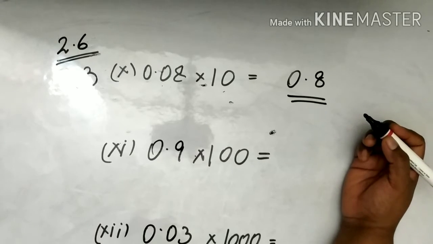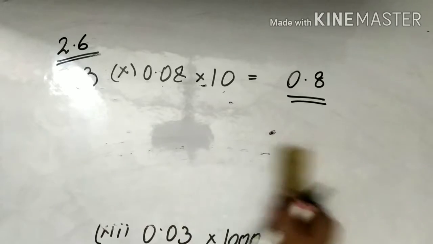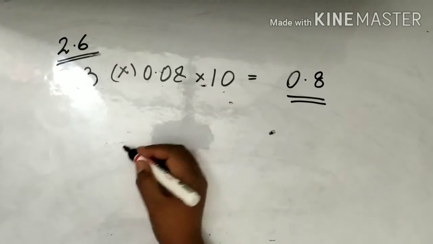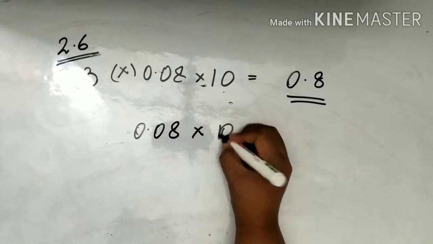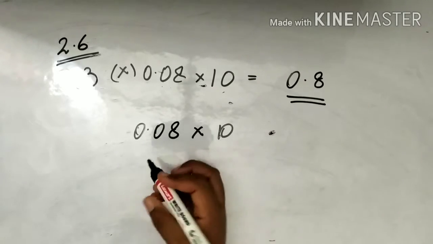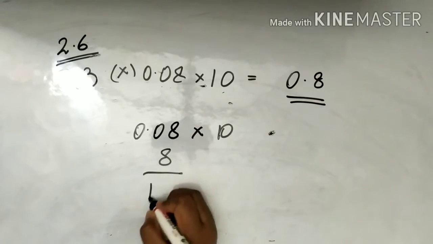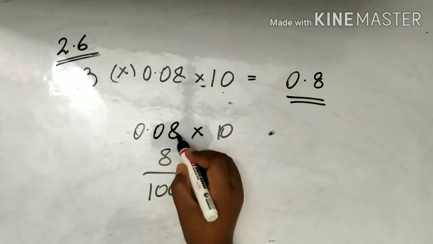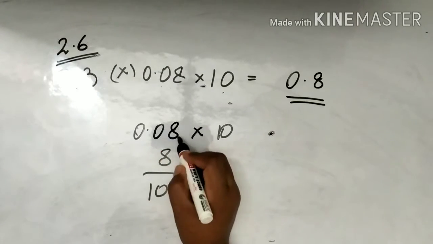right? So let's use the longer method. I'll show you how it will go. So 0.08 into 10. Firstly, convert this number into fractions. This can be written as 8 by 100, because there are two numbers after the decimal point.